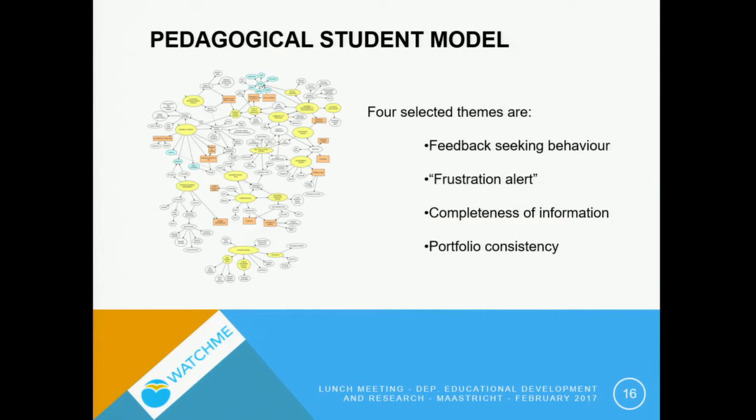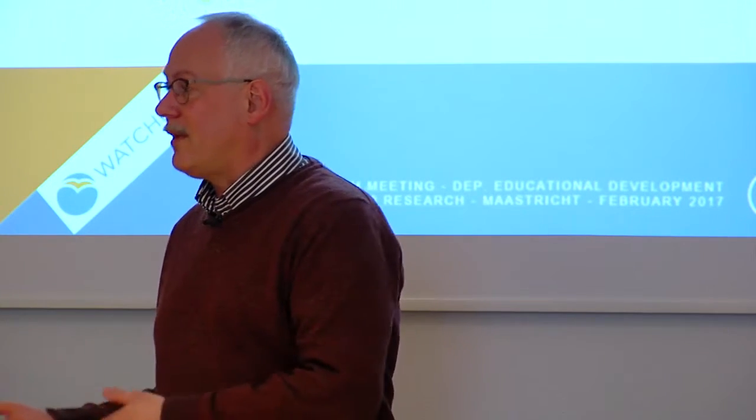So we looked at some signals, and we explain in the next slide a little bit more. Then the model will output that there's a high probability that this student might be frustrated, or a low probability. And if it is a high probability, you might want to send a message, maybe not to the student, maybe to the supervisor about this finding.